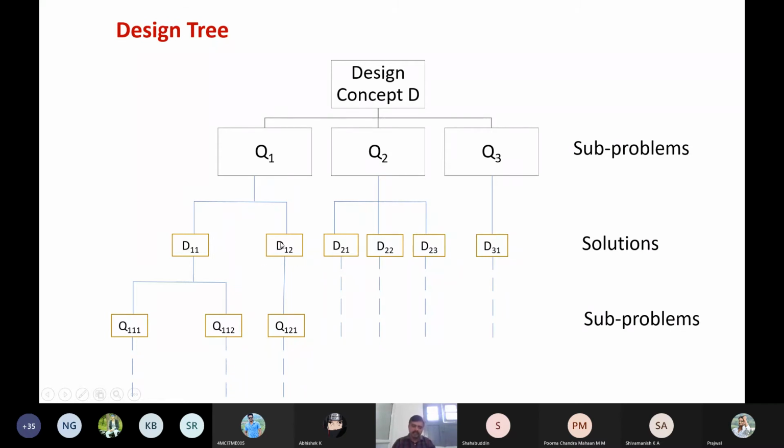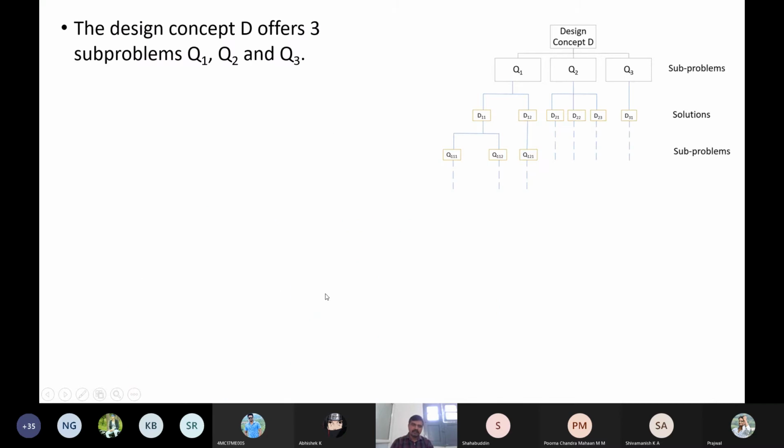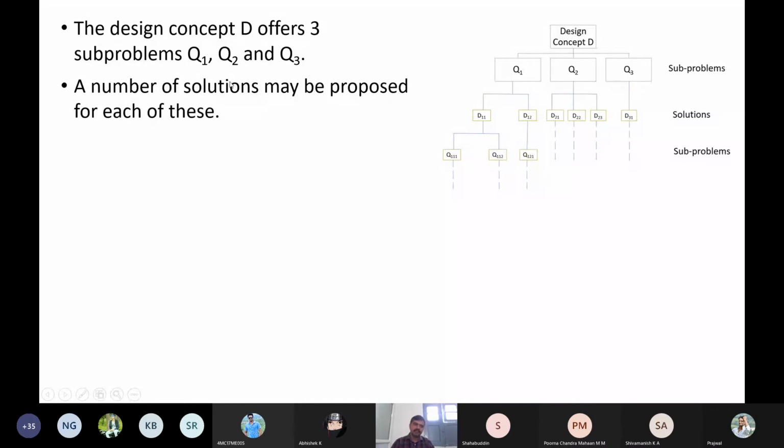Next, solution D12 results in another subproblem Q121. So this is the explanation related to this design tree. The design concept D offers three subproblems Q1, Q2, Q3. A number of solutions may be proposed for each of these like this.